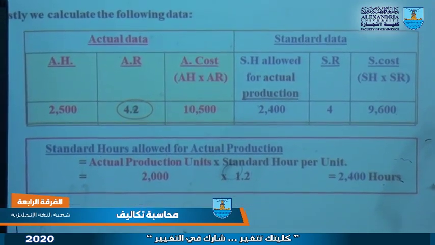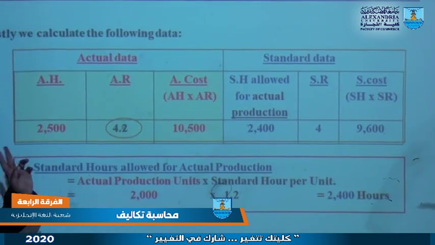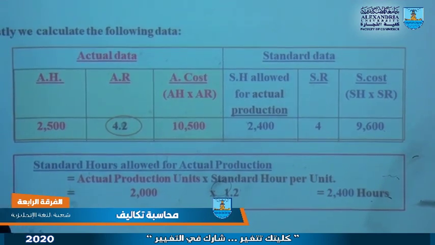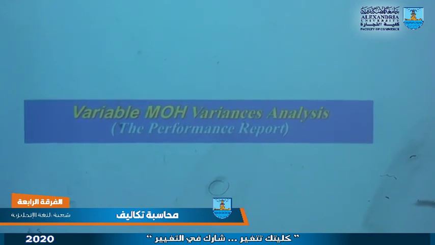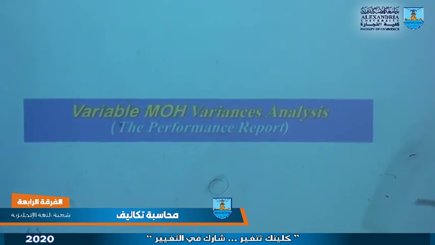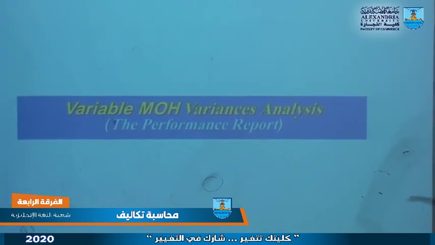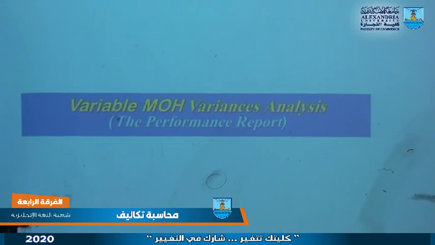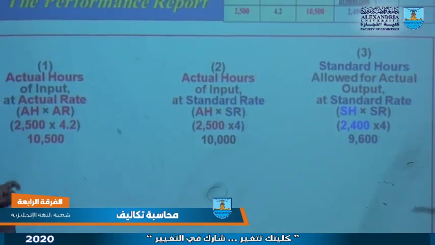The first requirement was what? Yes, a performance report. How to use this table to prepare a performance report. For a performance report, for variable, not for fixed, I need what? Actual and standard.